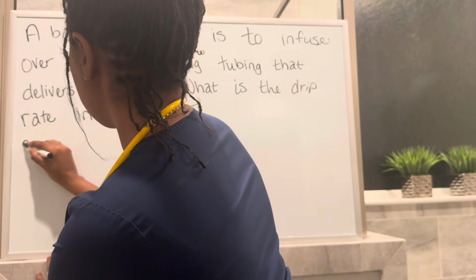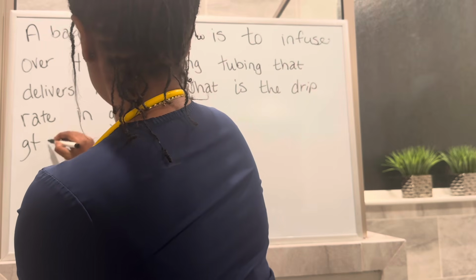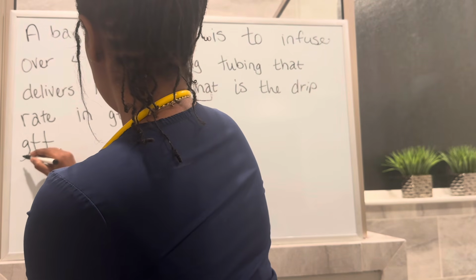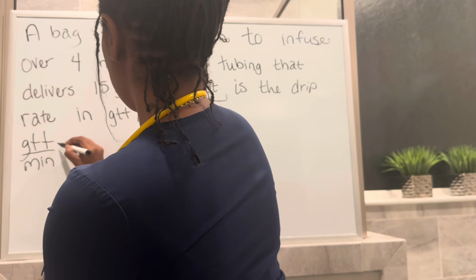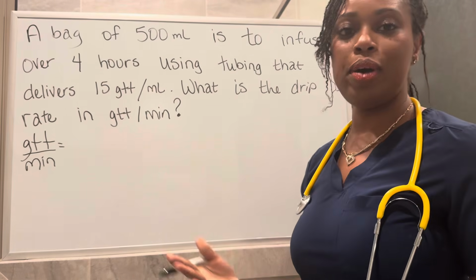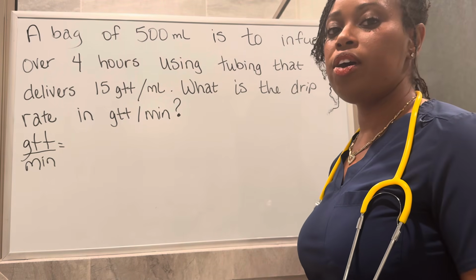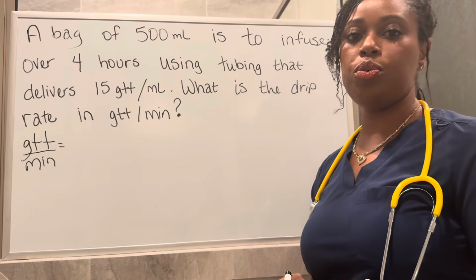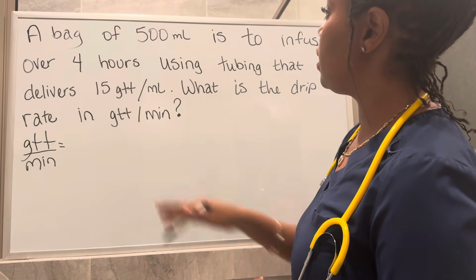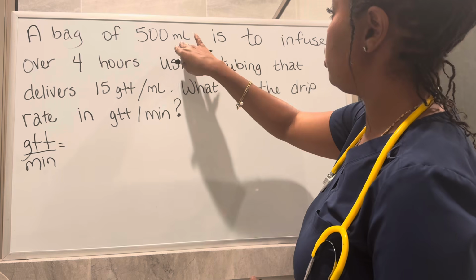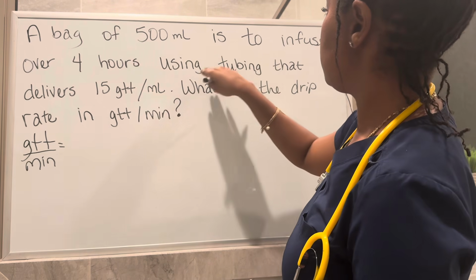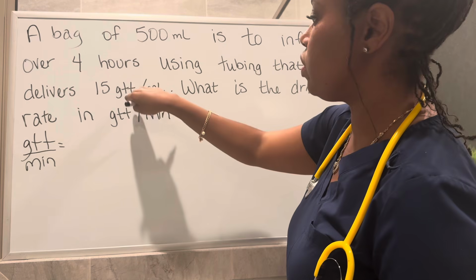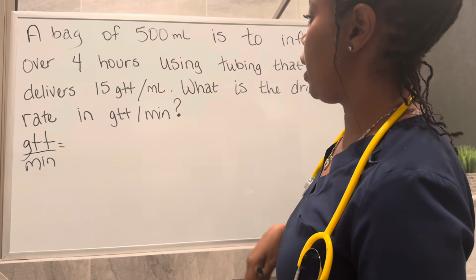All right, so I'm going to start off with drips per minute. Okay, now let's go back to the problem, break it down, decode it, and see exactly how we need to set this equation up. Okay, so it says a bag of 500 mLs is to infuse over 4 hours using tubing that delivers 15 drips per 1 ml.